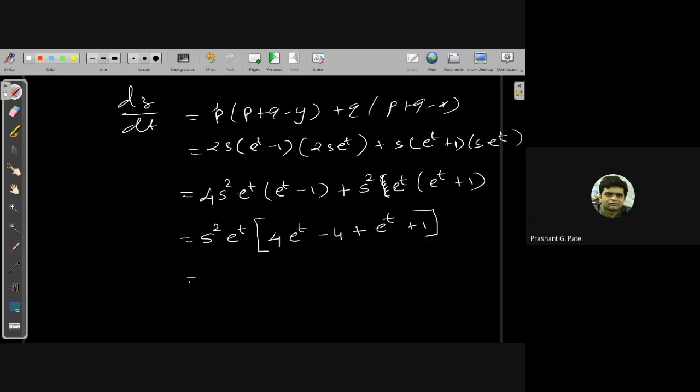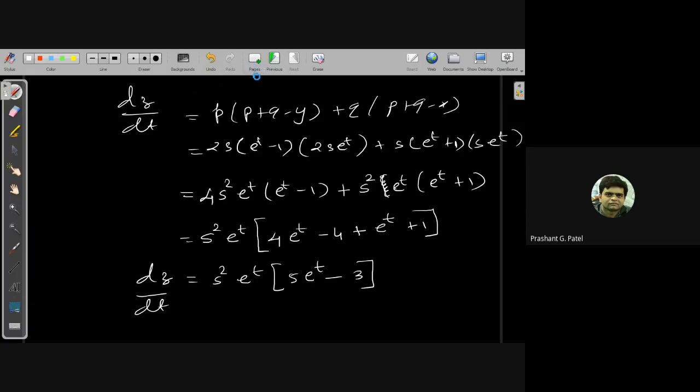So finally we'll have s square e power t times (5 e power t minus 3). This is dz by dt. Now we need to integrate this with respect to t.